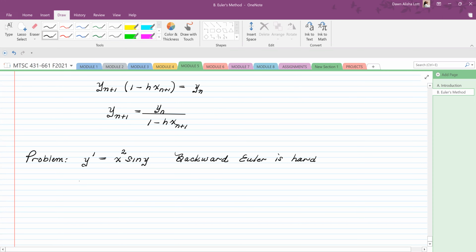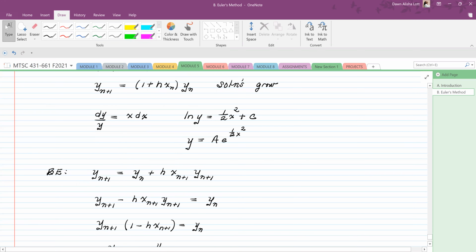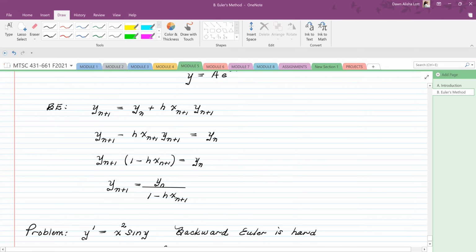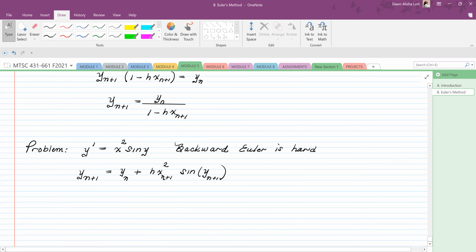Because now you have y n plus 1 is equal to y n plus h times x n plus 1 squared times the sine of y n plus 1. And now you've got an issue. So backward Euler works when you can actually solve for the y n plus 1. But when you can't, you have an issue. It's hard.